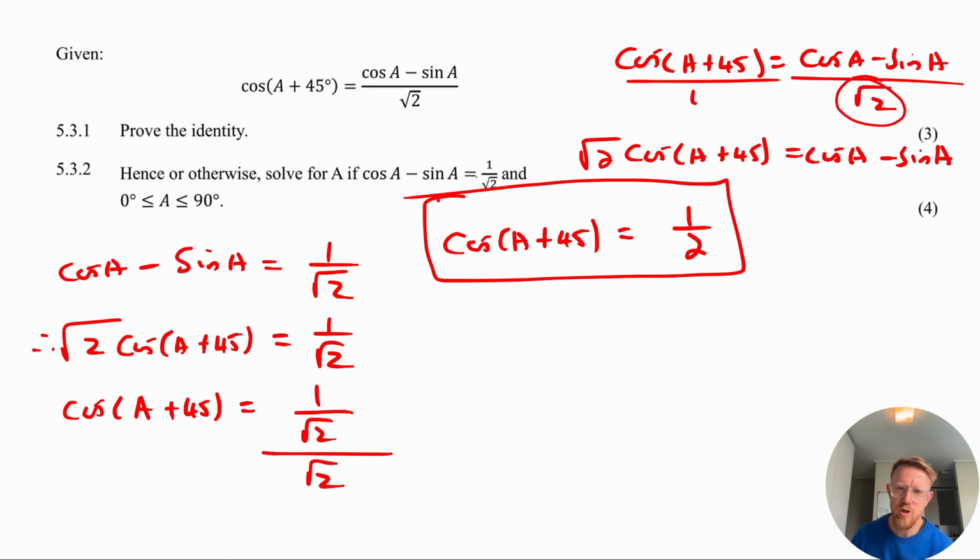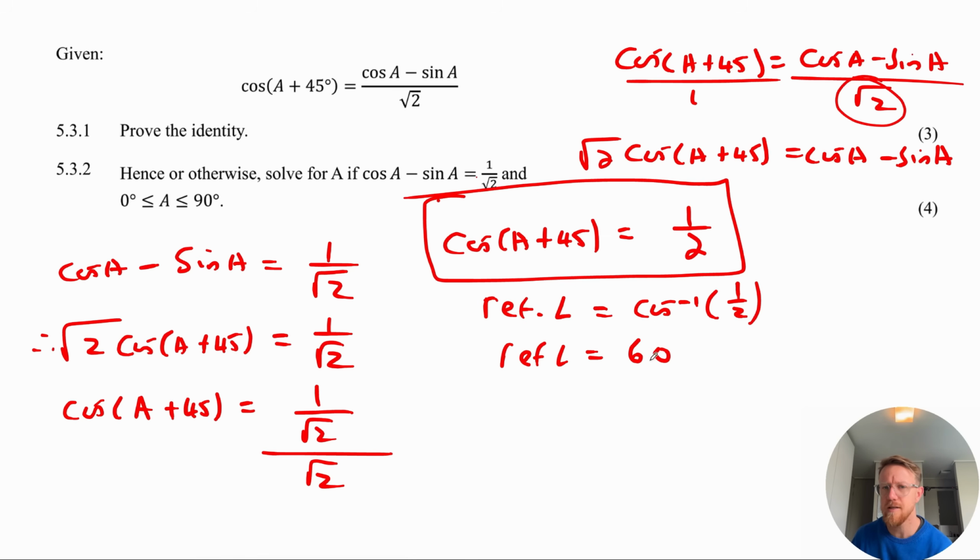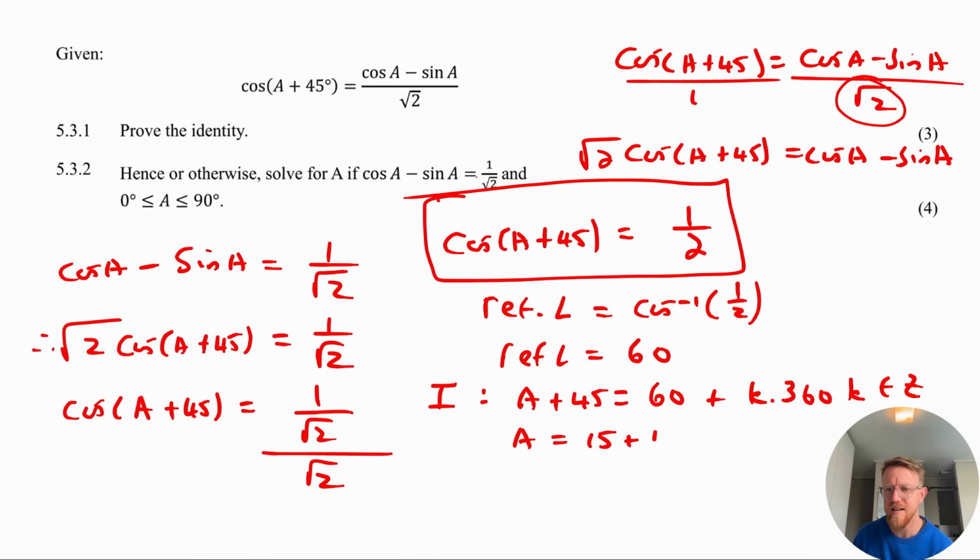So first step, get your reference angle, so you're going to say shift cos of a half, and so your reference angle is going to be 60 degrees. Then in quadrant 1, we're going to say that A plus 45 equals the reference angle plus K times 360, K is an element of Z. And so if you had to solve this, you would eventually get 15 plus K times 360, K is an element of Z. Then cos is also positive in quadrant 4.